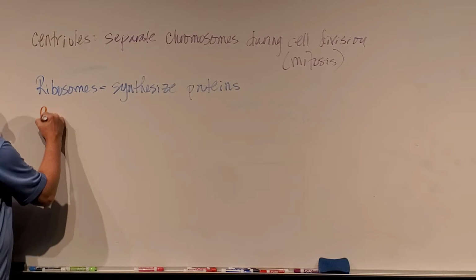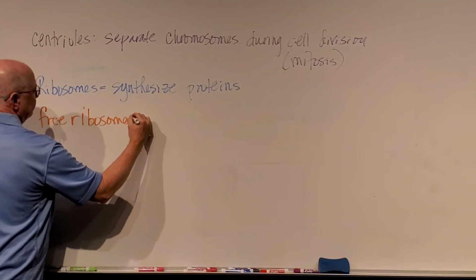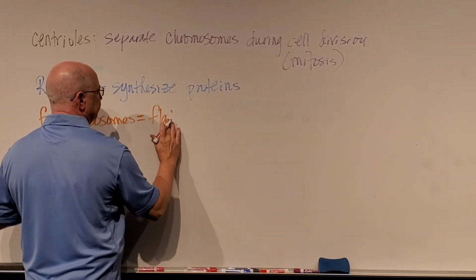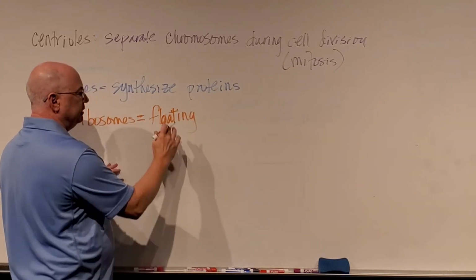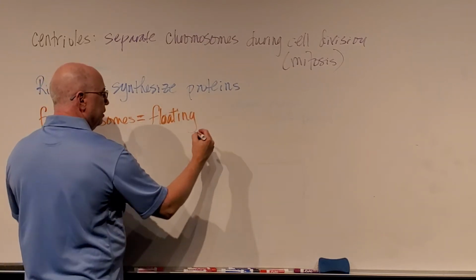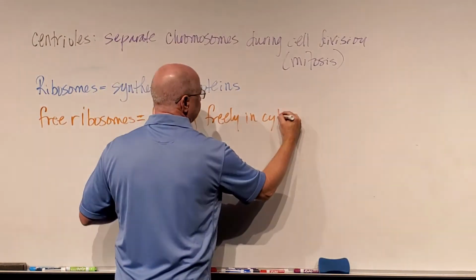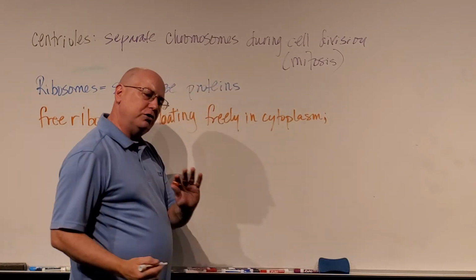Okay. There are free ribosomes. If I were to describe free ribosomes, we would say that they are floating freely in the cytoplasm. Now this isn't going to make a whole lot of sense until I talk about the next one, but they are floating freely in the cytoplasm. And what I'm going to tell you is sort of a generalization.